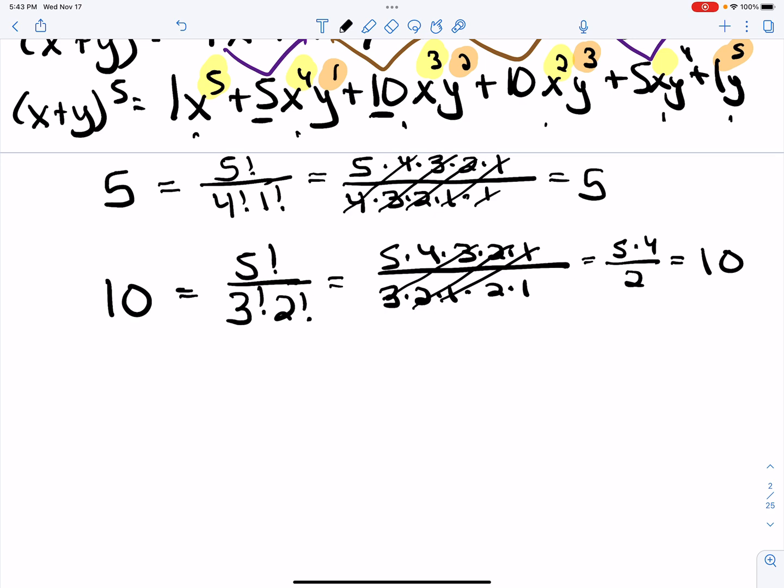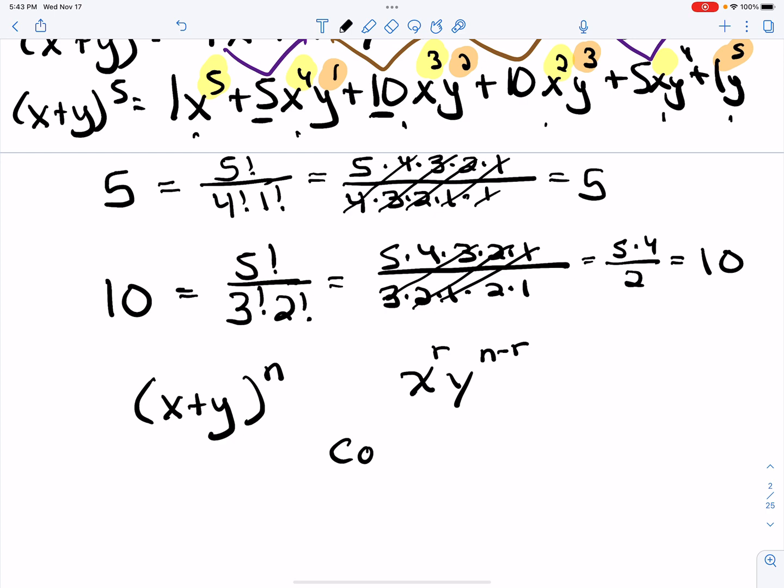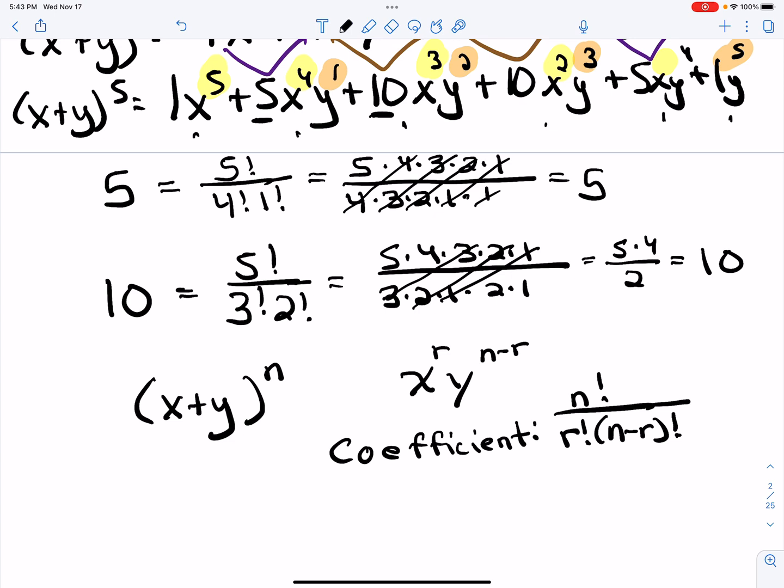So let's say you can generalize this. Let's say you have x plus y to the n power. If one of your terms is of the form x to the r, y to the n minus r, then the coefficient is n factorial over r factorial times n minus r factorial. So that's another thing to notice, that n minus r. Notice that in each of our terms, those exponents added up to that 5.